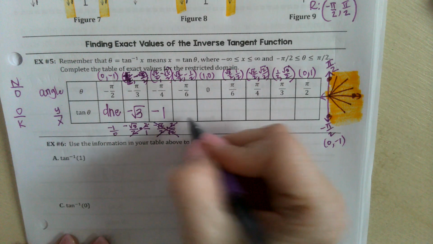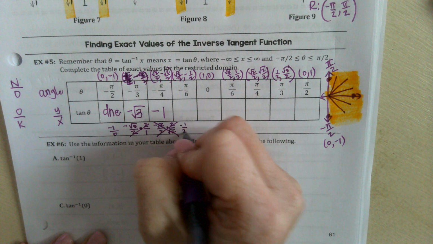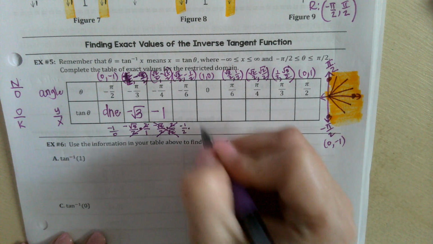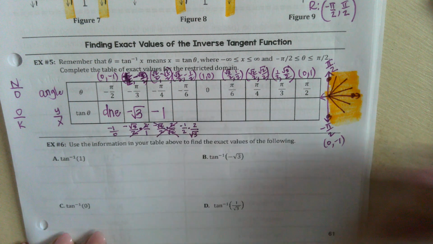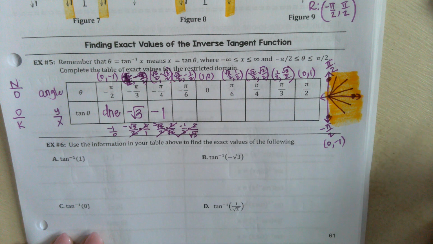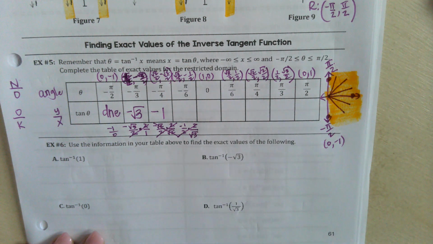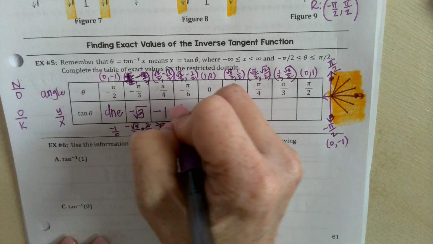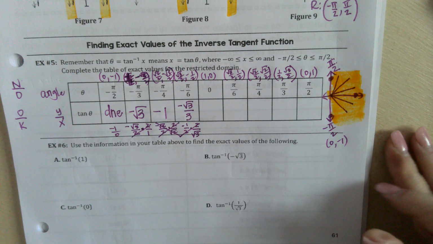Okay? And then this negative pi over 6, my y-coordinate was negative 1/2, and I'm going to multiply it by the reciprocal of the x-coordinate, which is 2 over root 3. The 2's cancel out. I'm left with negative 1 over square root 3. You would have to rationalize that. So this is negative square root 3 over 3.